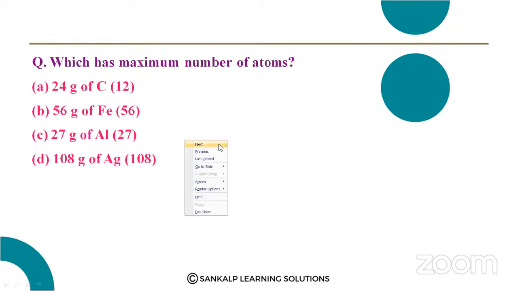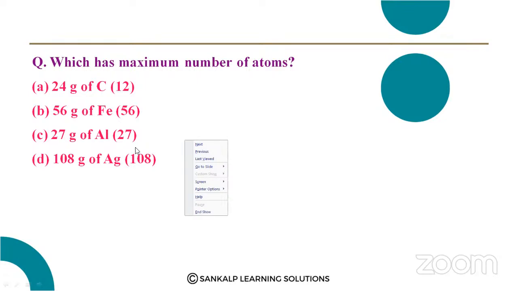These were the two problems. Here we had to calculate in which option the maximum number of atoms is present. In option A, 24 grams of carbon C12, which has 2 moles, since 12 grams of C12 is 1 mole. The rest are 56 grams of Fe, then option C, 27 grams of Al, and option D, 108 grams of Ag.